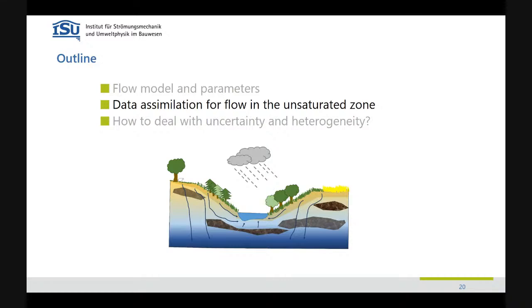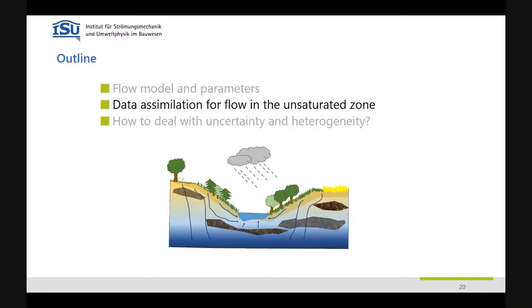And we are looking into this in a setting where we want to model processes in the unsaturated zone continuously, like weather prediction. So we want to predict, let's say, water content in the unsaturated zone continuously in time, and we do this by taking into account observations that come in continuously in time. Let's say we have a sensor network somewhere, and so we get these observations continuously in time.